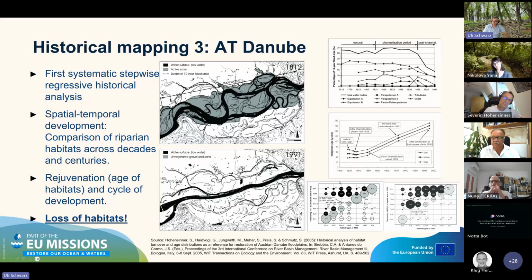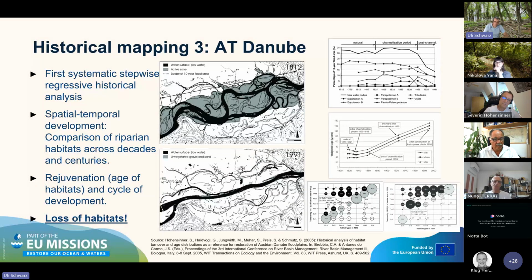And finally, if you look at the age of habitats today, the forests in these pockets, in these floodplains, are over 150 years, 160 years old, because they are not changing anymore.